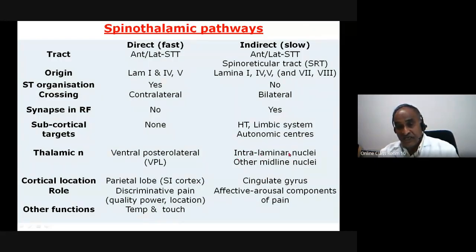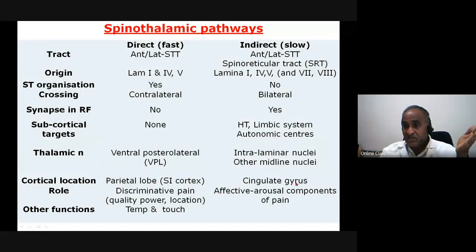They are relayed in the intralaminar and other midline nuclei, and in turn produce thalamocortical non-specific projections. The cortical location and role: the cortical location is the parietal lobe, S1, the somatosensory area 1.